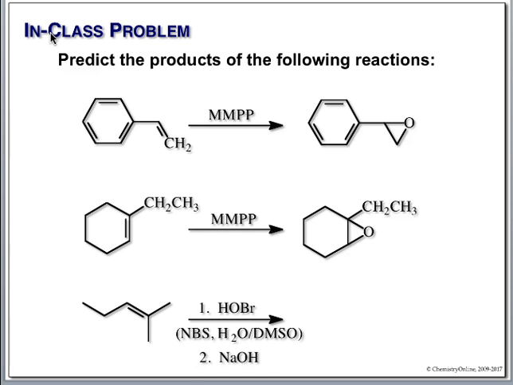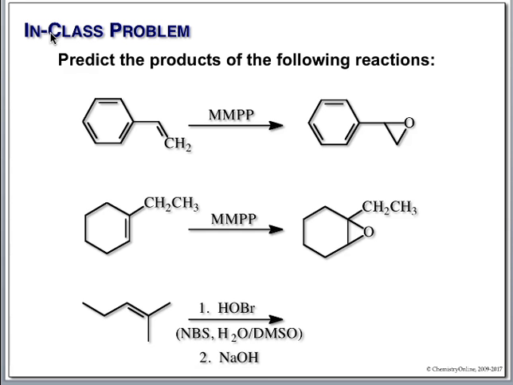In our last example, we have an alkene, and we are reacting it with HOBr. And as a second step, we're doing sodium hydroxide. Now, HOBr, think 234, we're going to have Markovnikov regiochemistry with respect to the hydroxyl group.